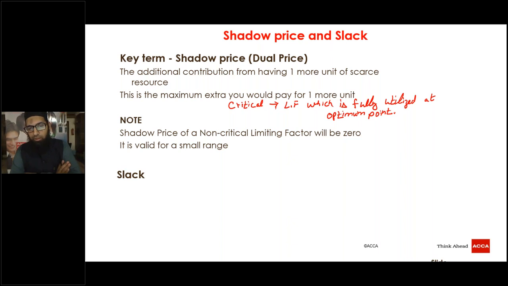So labor is a critical limiting factor because its labor consumption at the optimal point and the availability of labor hours will both be the same if you calculate it.